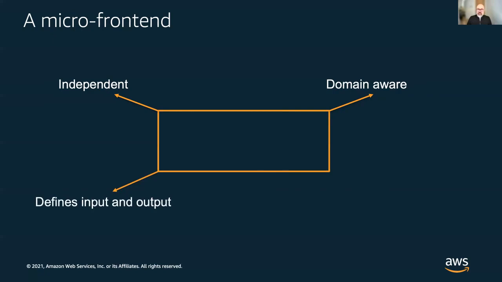A microfrontend defines its input and output. So if we have a microfrontend working alongside other microfrontends in the same view, we usually know what events it is looking for and what events it is triggering or emitting. And that is great because that means we can independently stitch together multiple microfrontends without the need of coordinating too much with other teams.